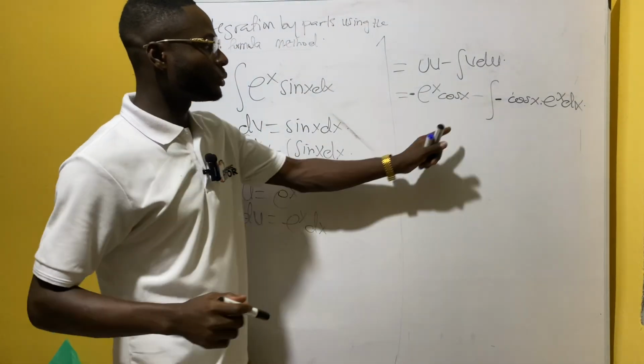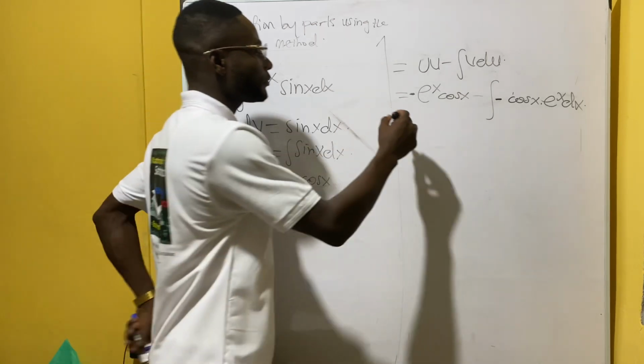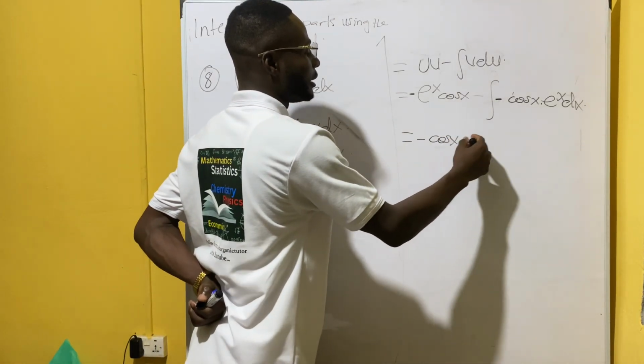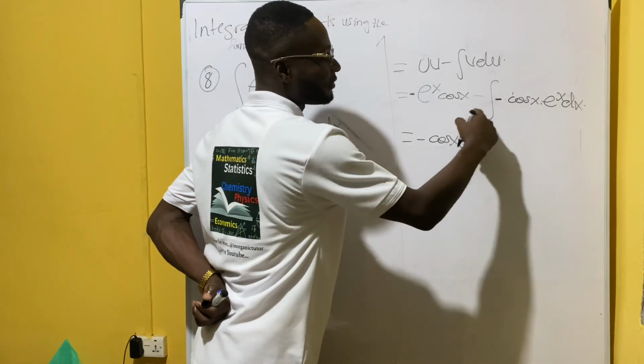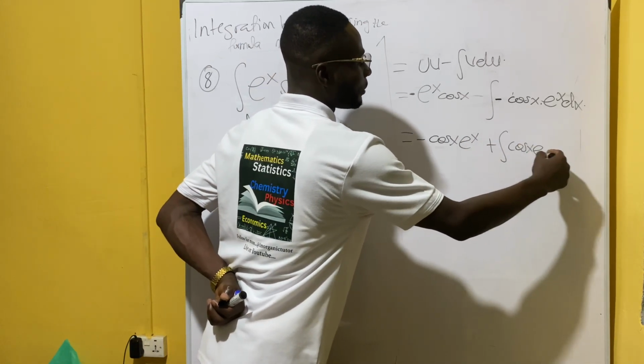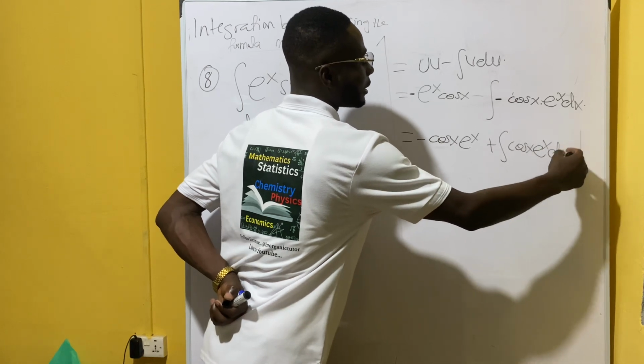Negative negative becomes plus, so we have plus the integral of cos x e power x dx.